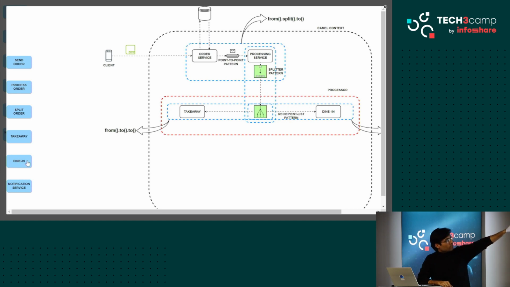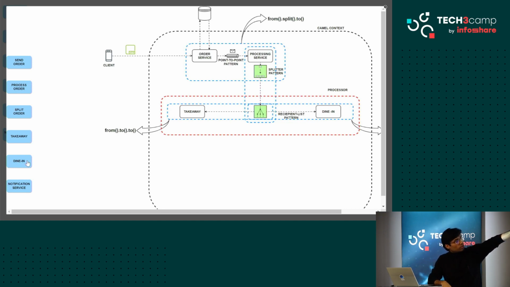Now you can see that there is a blue highlight between service to service communication. This blue highlight basically represents a route between two interacting services, right? So order service to process service will be defined with the help of a route. There is a domain specific language to define this route that you can see at the top with the help of an arrow that I've shown.